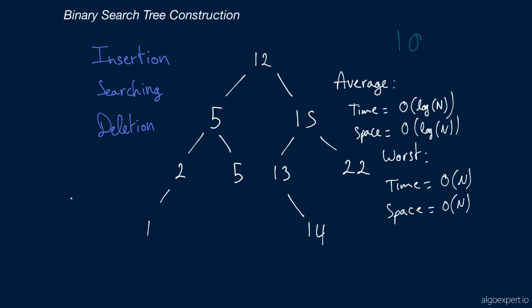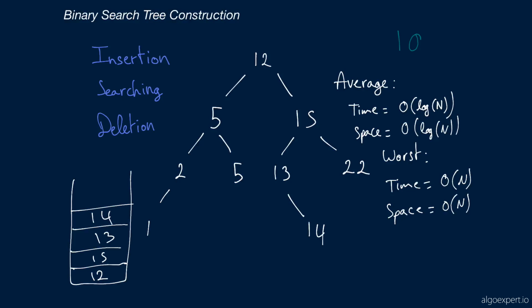So if you have your call stack here as a big bucket, you first have the searching method on the node that has the value 12. Then you have it on the node that has the value 15. Then you call it on the node that has the value 13. And finally, you call it on the node that has the value 14. And it's only at this point that you can start erasing frames and clearing frames on the call stack.